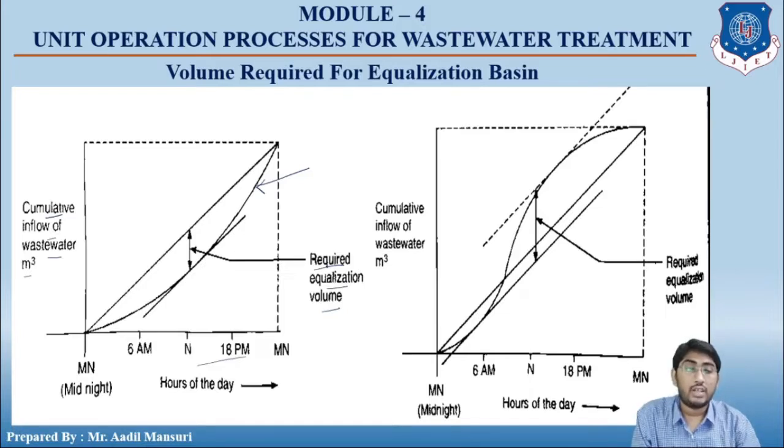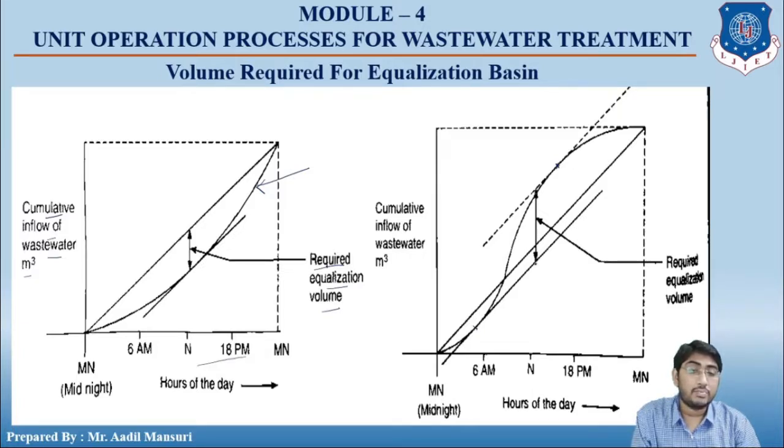Similarly in this case, when you plot cumulative inflow of wastewater versus time, this is another case where you get an S curve. So here there will be two points, the maximum points, and you have to draw tangents at both these points.